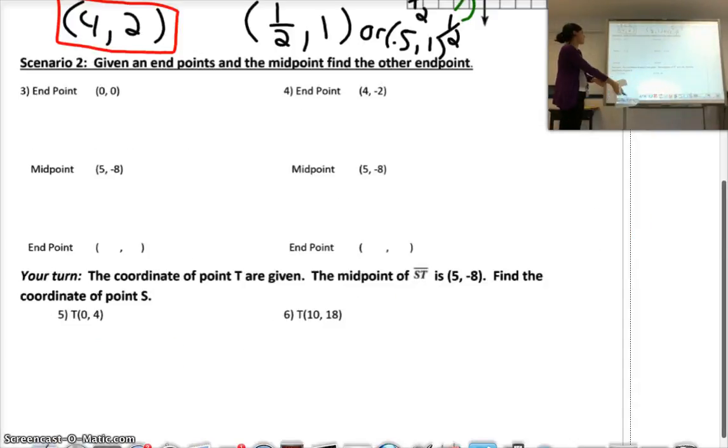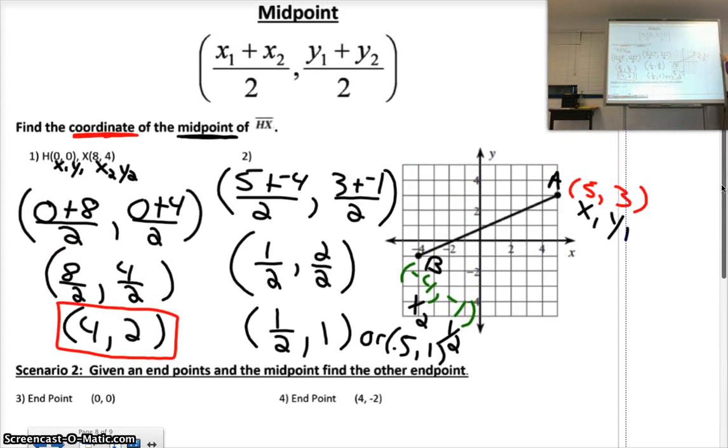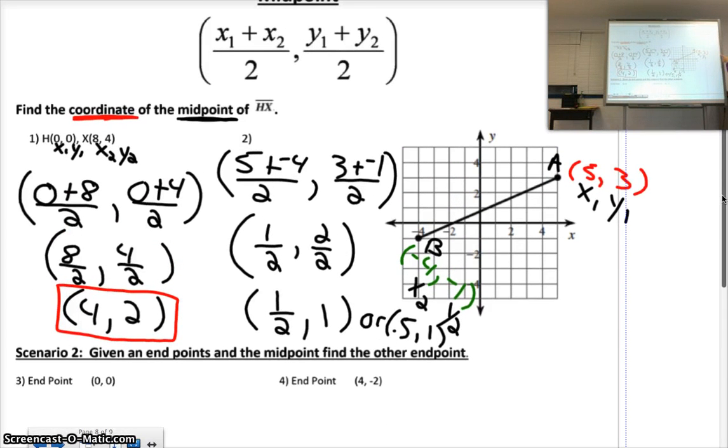Okay, the next question for midpoint would be this scenario. Given an endpoint and the midpoint, find the other endpoint. Please notice that these two questions are different. The first question up here said, find the coordinate of the midpoint.